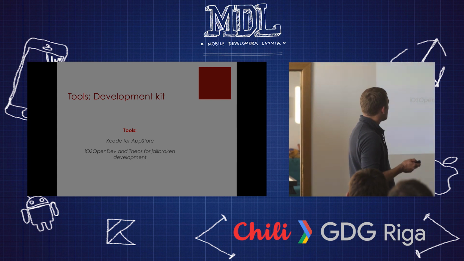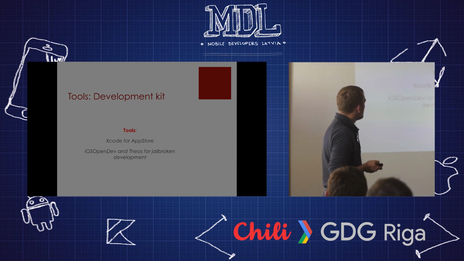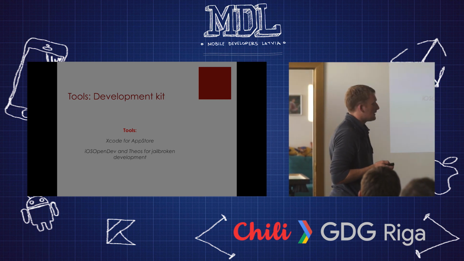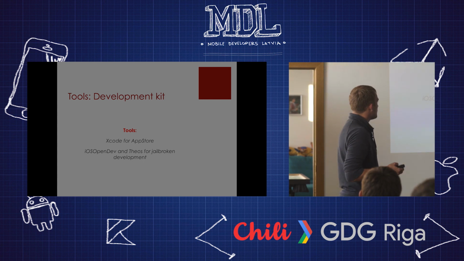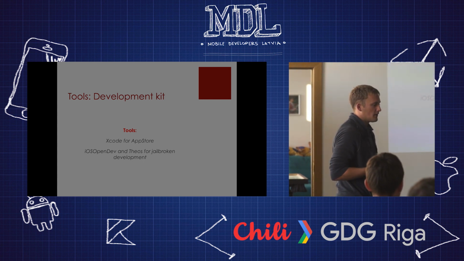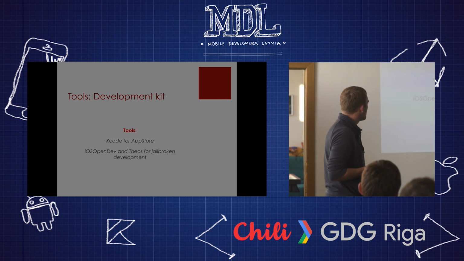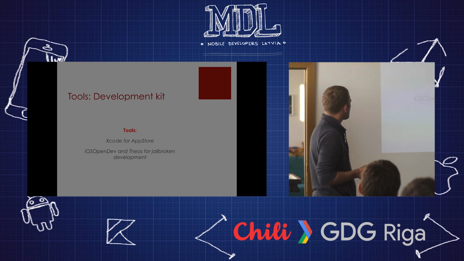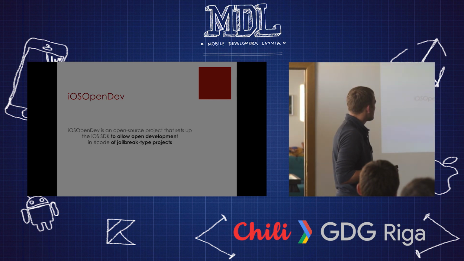Then the fourth type of tool is this kind of development kit. Of course, Xcode is a development kit for your App Store applications as well, but there is more. There is, for example, this iOS OpenDev toolkit, which can be integrated in your Xcode. And what is it for?